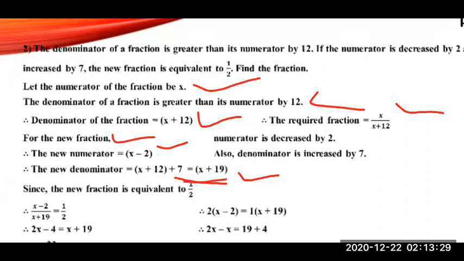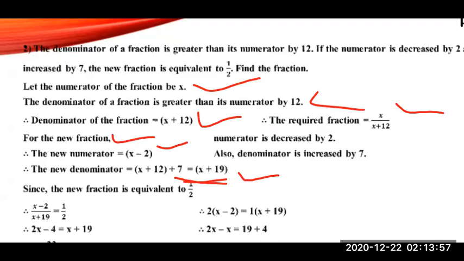So the new fraction में numerator is x minus 2 and denominator is x plus 19. See, the required fraction we don't want, we want the new fraction. So the new fraction of numerator is x minus 2 and new denominator is x plus 19.